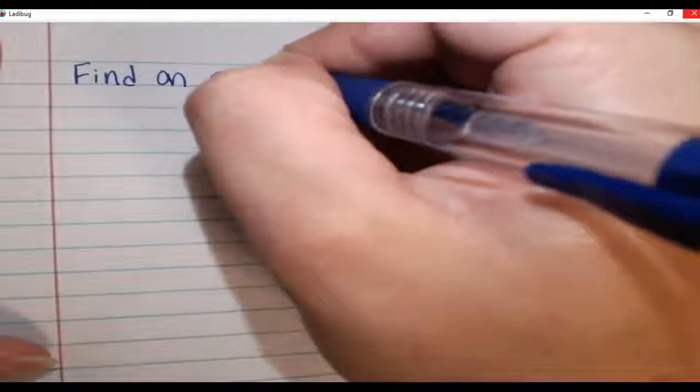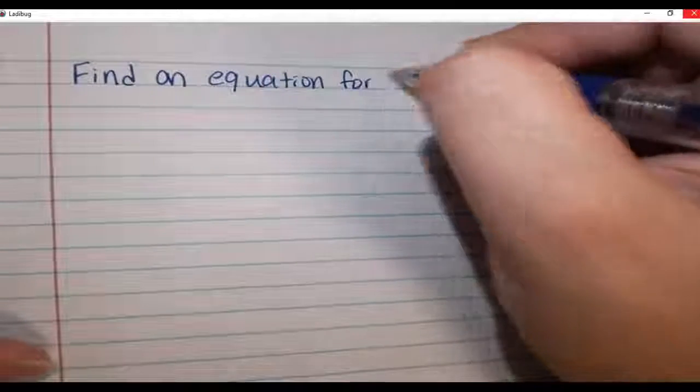So now we want to find an equation for the following.